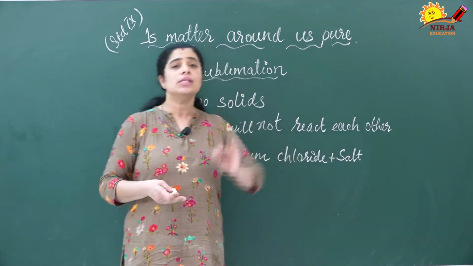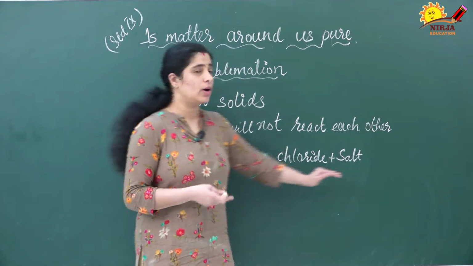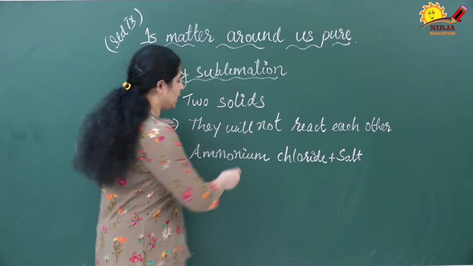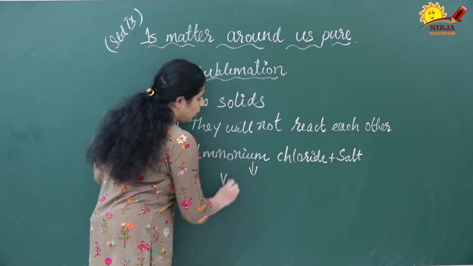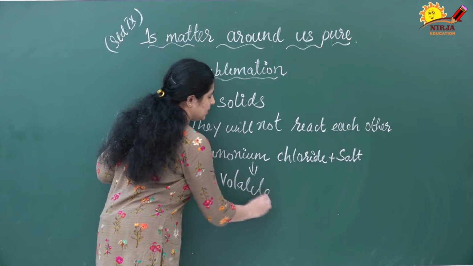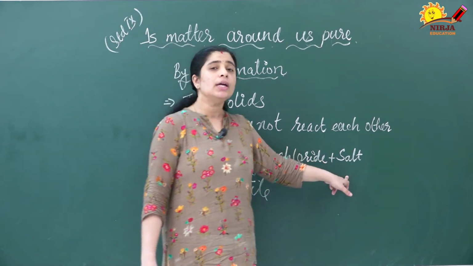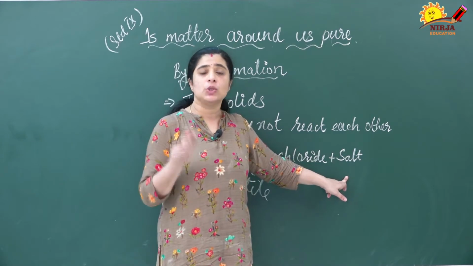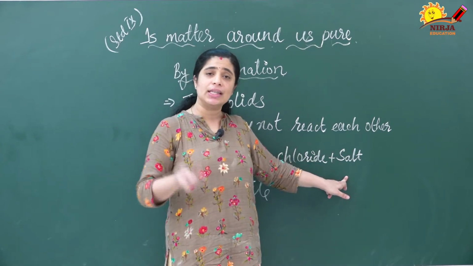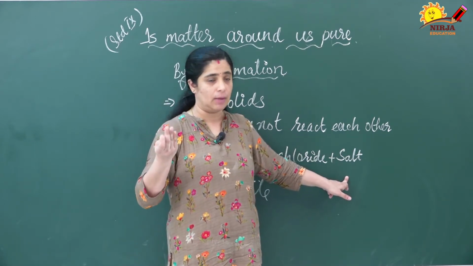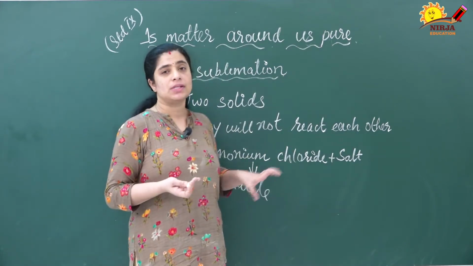We have to separate the mixture of ammonium chloride and salt. You know that here ammonium chloride is a volatile substance, that means it will change directly into gaseous state, but salt will first change into liquid state, and then the evaporation starts here. So this is the volatile substance here.